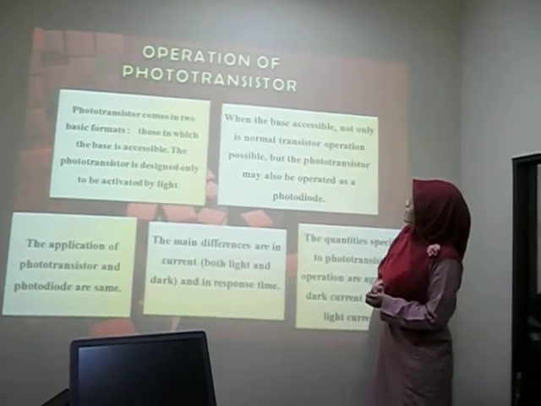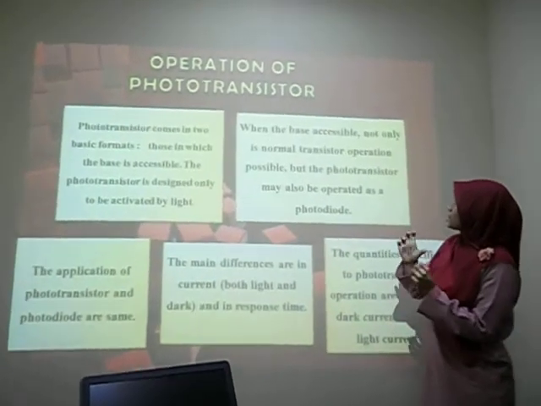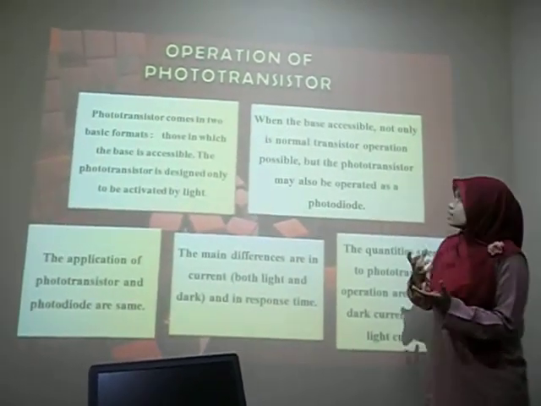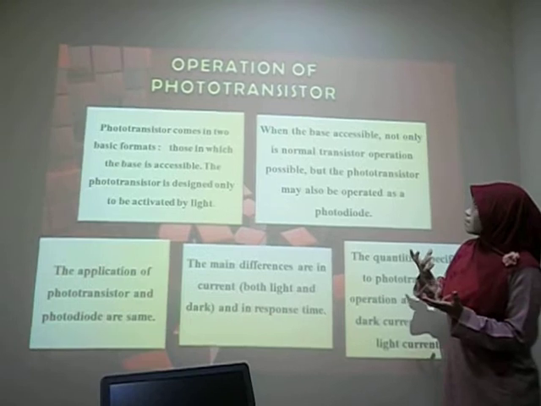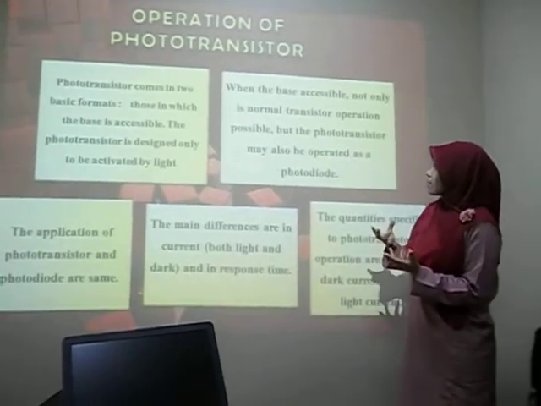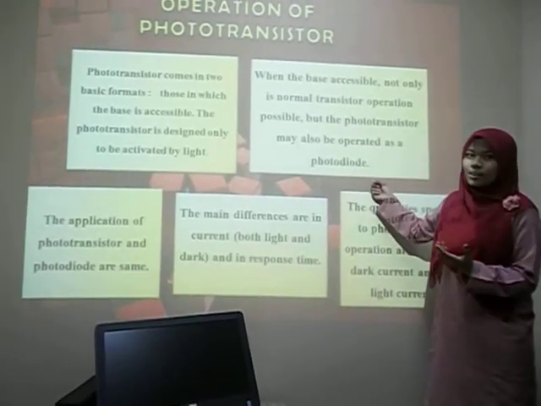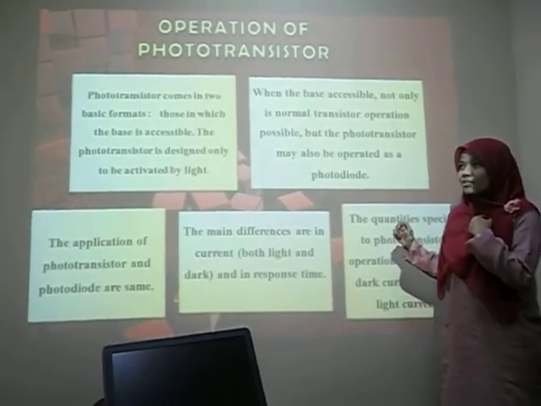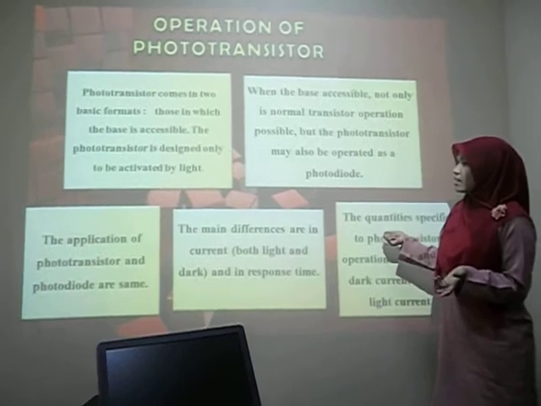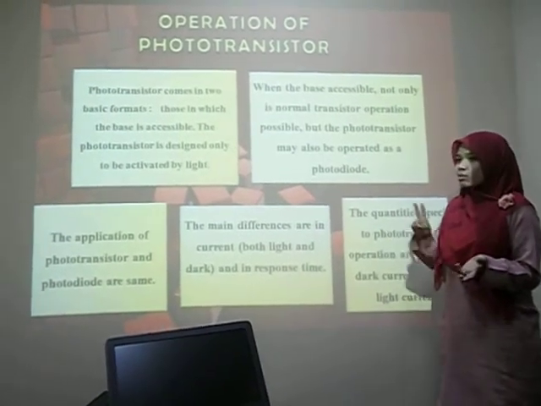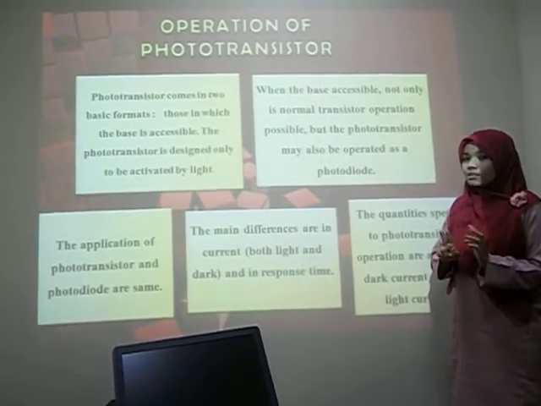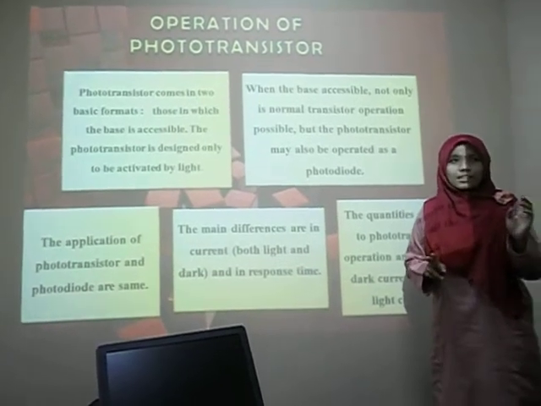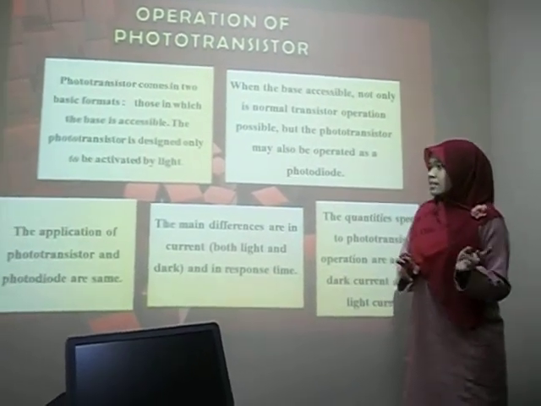With the base accessible, not only is normal transistor operation possible, but the phototransistor may also be operated as a photodiode.